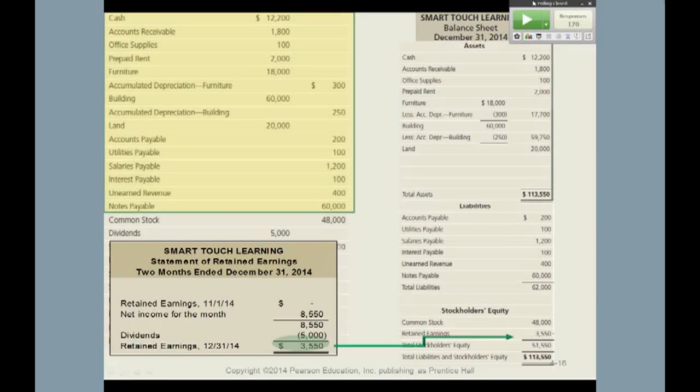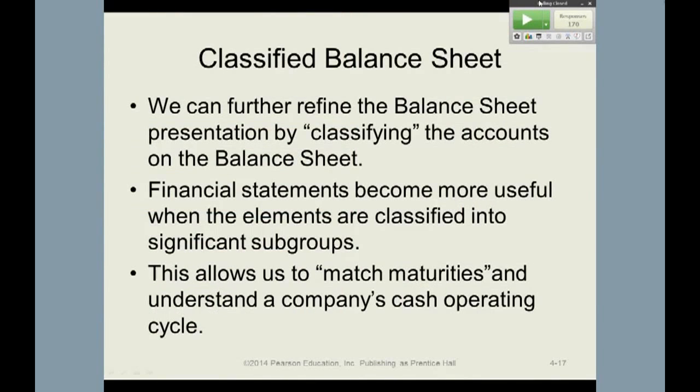Now, the issue I think that you need a little bit more time on is the classified balance sheet. What we are doing now is when we prepare a balance sheet, you're now going to have to worry about the classification of assets, classification of liabilities, and equity. We're going to group them now, and the primary concept here is to match maturities.